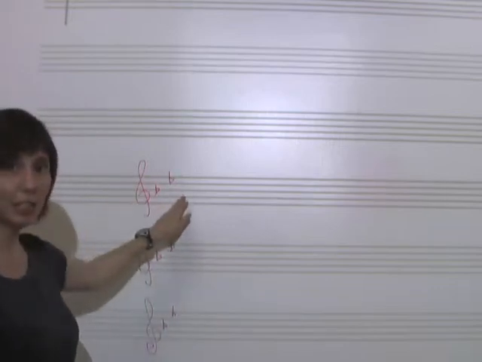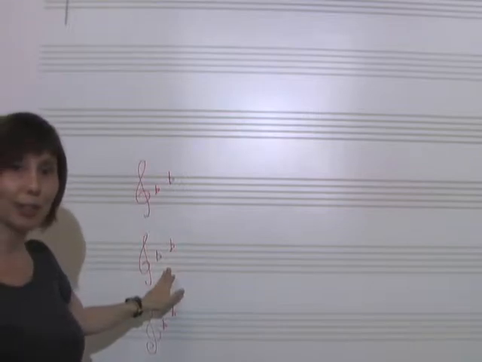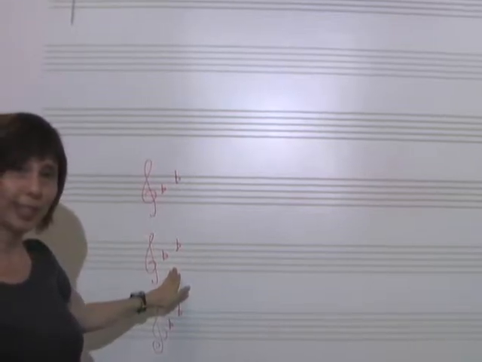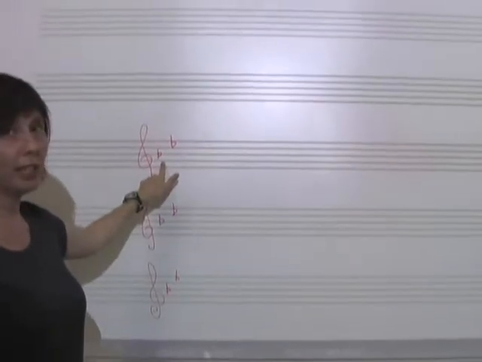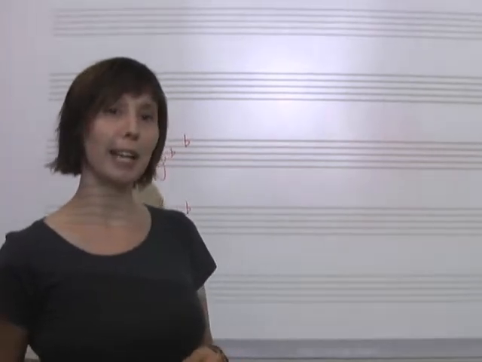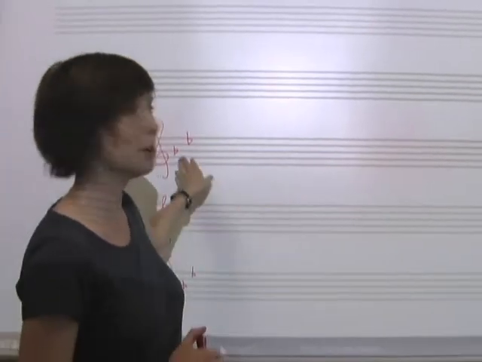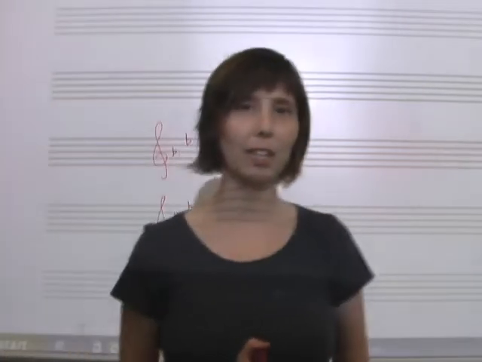What this key signature tells me is, well, it tells me several things. One thing it tells me is that every B and E in this piece of music is going to be flatted. That is, every B will be played as a B flat, and every E will be played as an E flat.